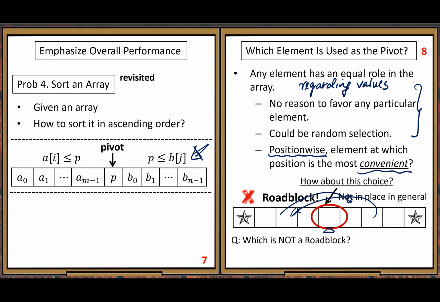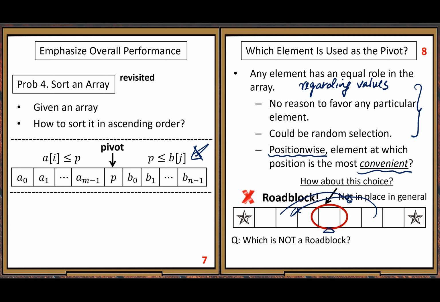Think about that. If you use the first element as the pivot location, then when you move the remaining elements here and there, you do not need to touch this element. No roadblock to deal with. Similarly, for the last element, if you use that as the pivot element, when you move other elements here and there, you do not need to touch this pivot element.